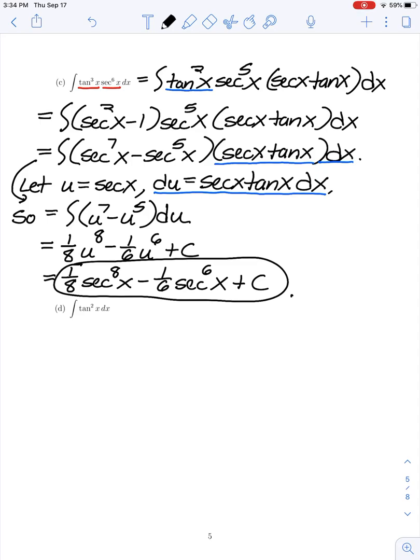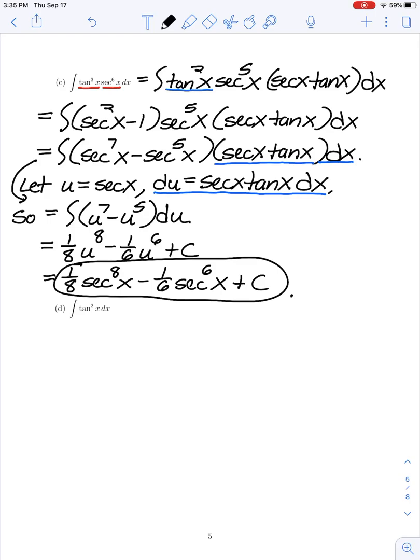All right. Now, in a similar way, you could have factored out a secant squared x from the integrand in the beginning, because the power of secant x was even, and then you would be left with a secant x to the 4th power, and then you could use the fact that secant squared x is 1 plus tangent squared.